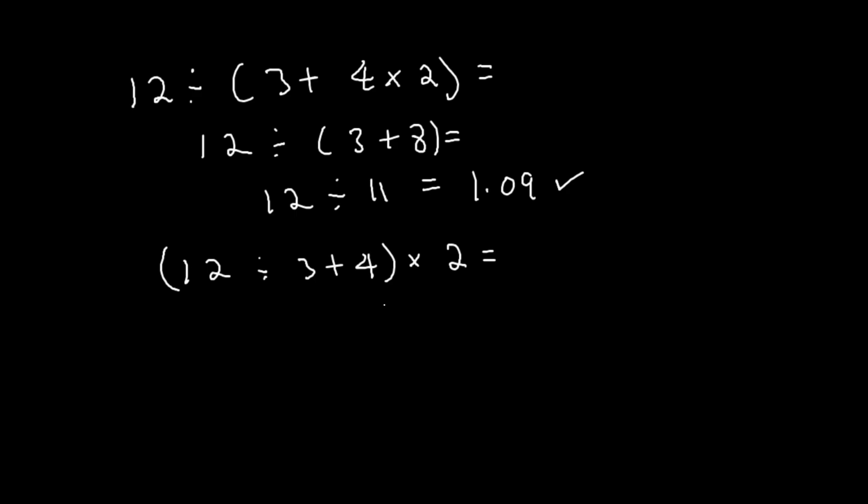So they solve 12 divided by 3 to get 4, then 4 plus 4 times 2, which gives 8 times 2, which equals 16. See how important parentheses are? They change everything. That's why clear formatting in math is not just helpful, it's necessary.